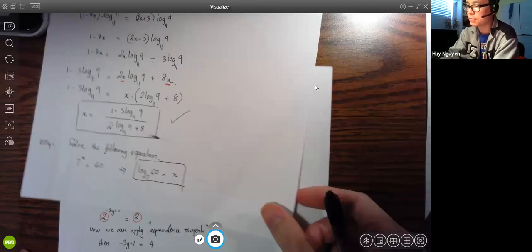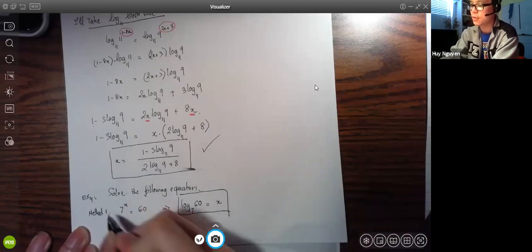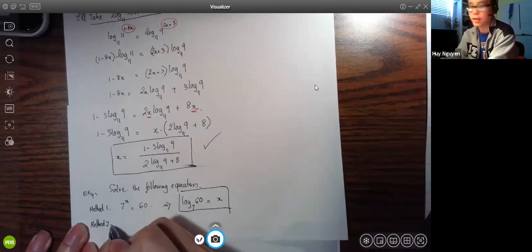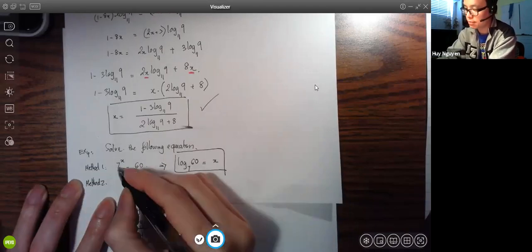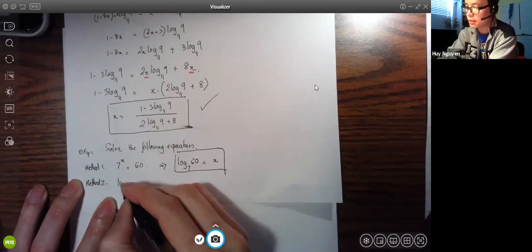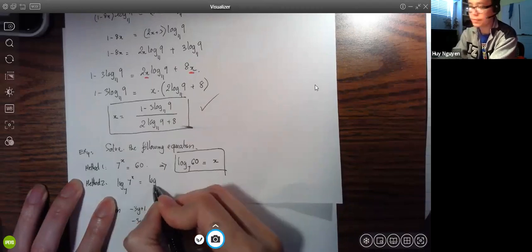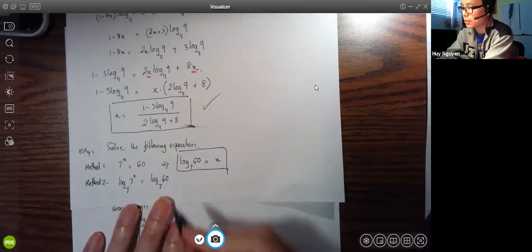So in this case, there's another way. This is method 1. The other way is you take log both sides. I'm going to take log base 7 of both sides. Okay, so this is what you get.